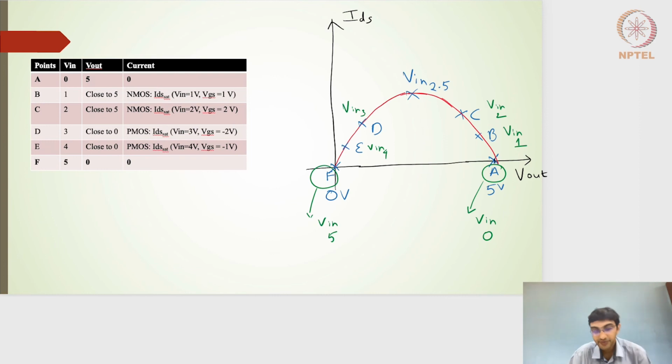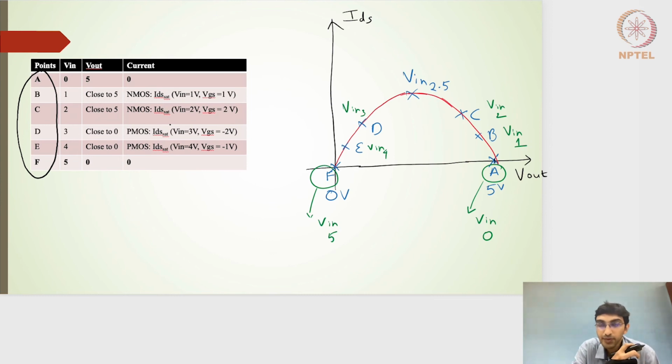Moving ahead, now that we have these intersection points, A, B, C, D, E, F, with their current value, input voltage and output voltage. Although we don't know the real output voltage, graphically we can only say that it is close to 5 volts or close to 0 volts. The current values, we can write an expression for.